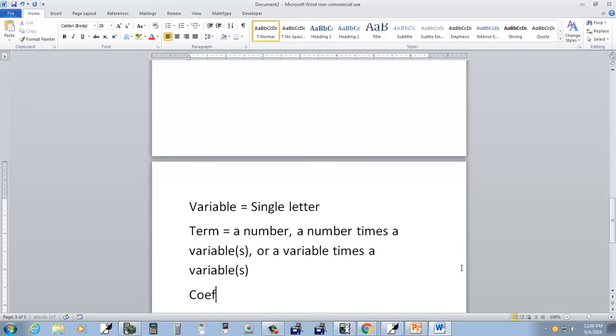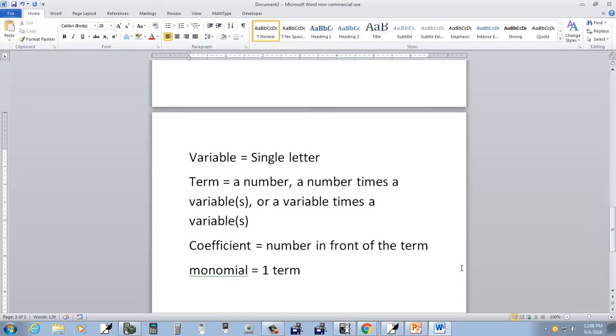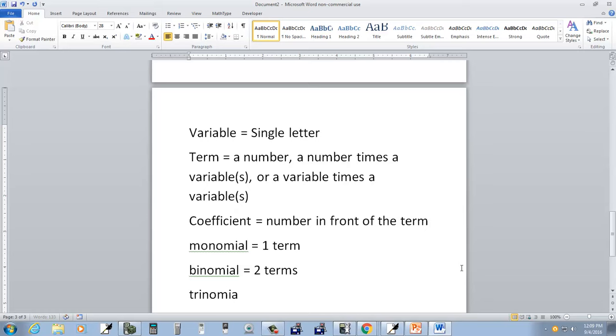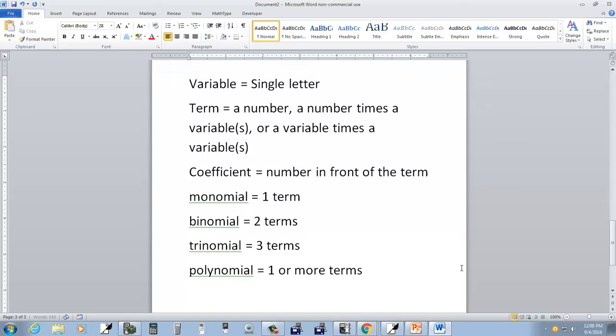We have the coefficient, which is the number in front of the term. We have a monomial, which is one term. We have a binomial, which is 2 terms. And we have a trinomial, which is 3 terms. And then we have a polynomial, which is what this section's about, which is 1 or more terms.